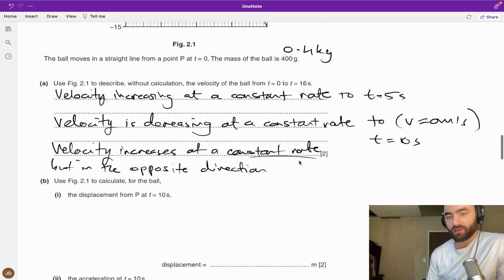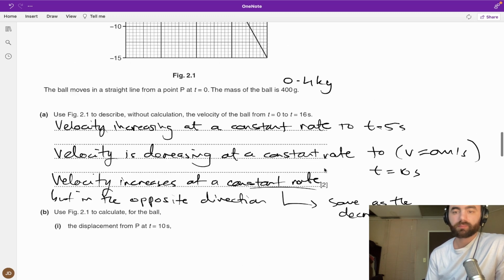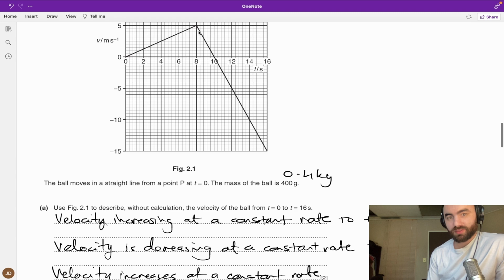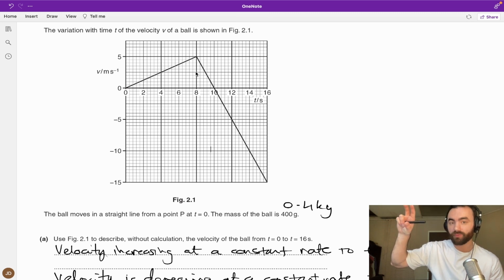And this constant rate will be the same as the decreasing rate. It's the same gradient. So if you think about it in a line, it starts at 0, then increases its velocity at a constant rate to a point at 8 seconds.